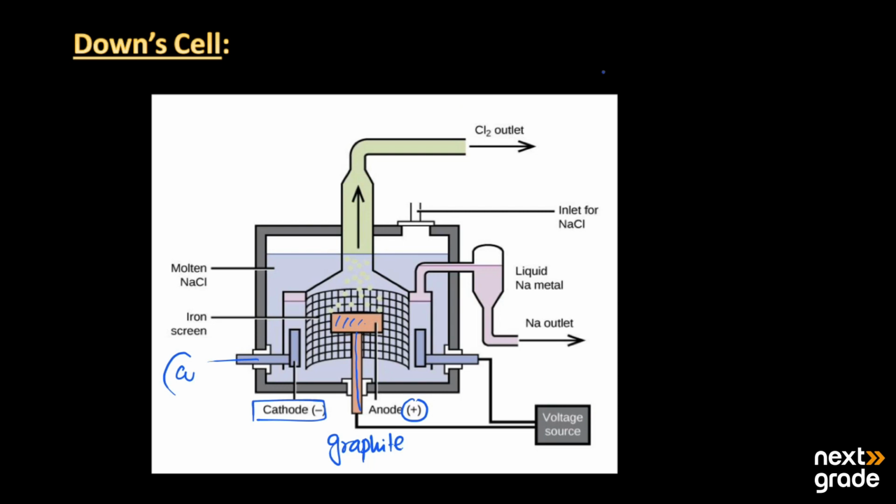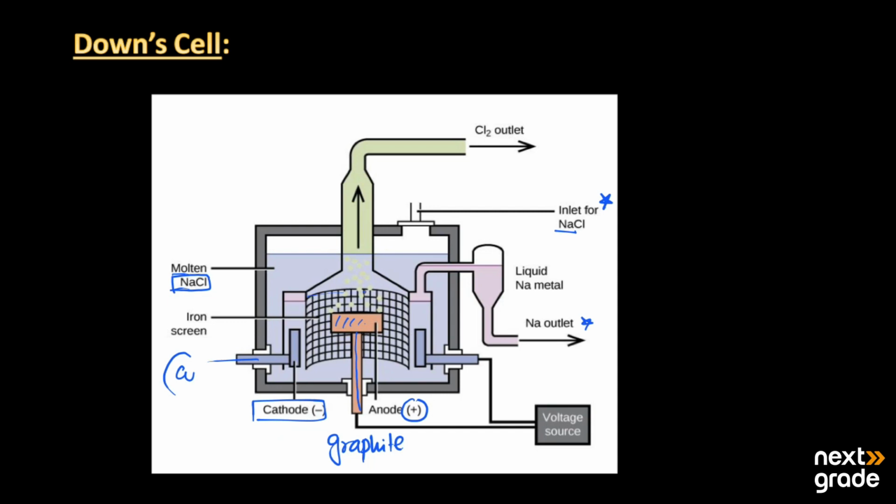So what process takes place as we add the molten sodium chloride to it? The process starts. The ions will move towards their respective parts, like the graphite anode and the copper cathode.